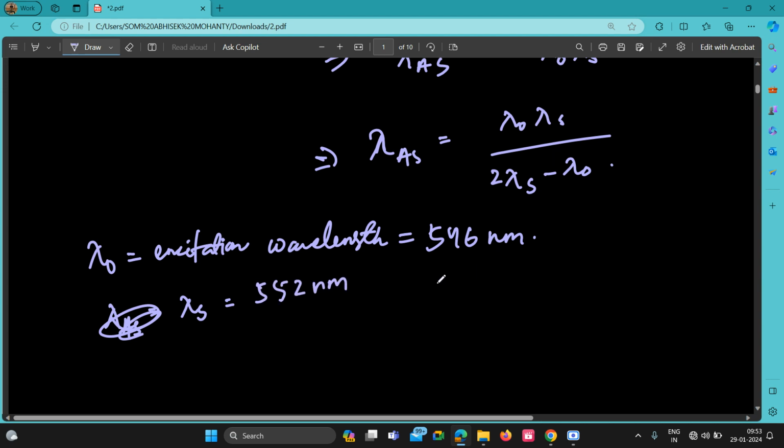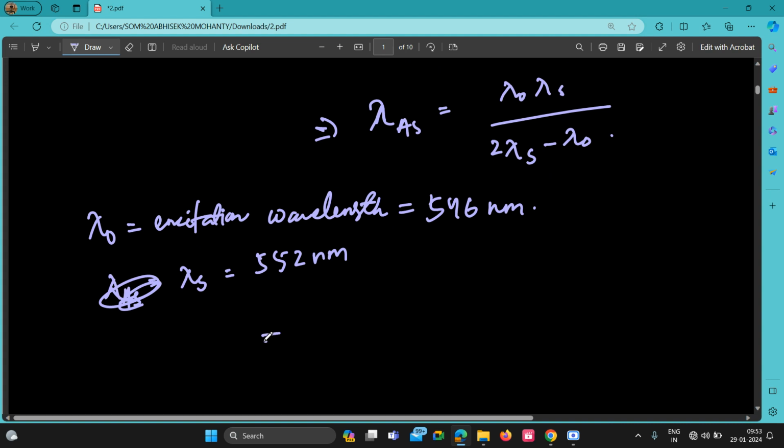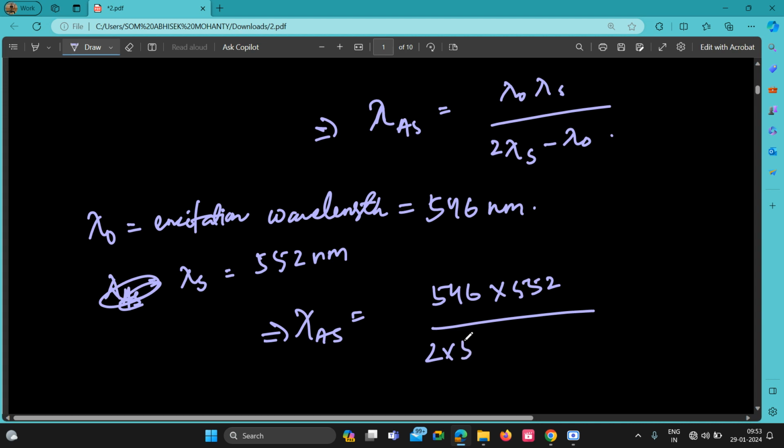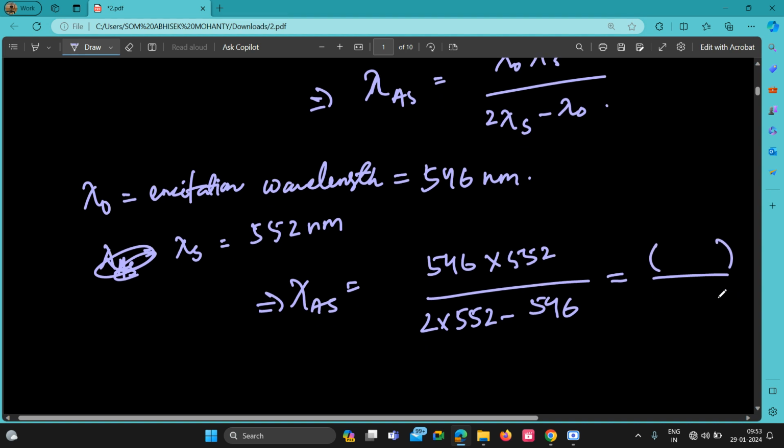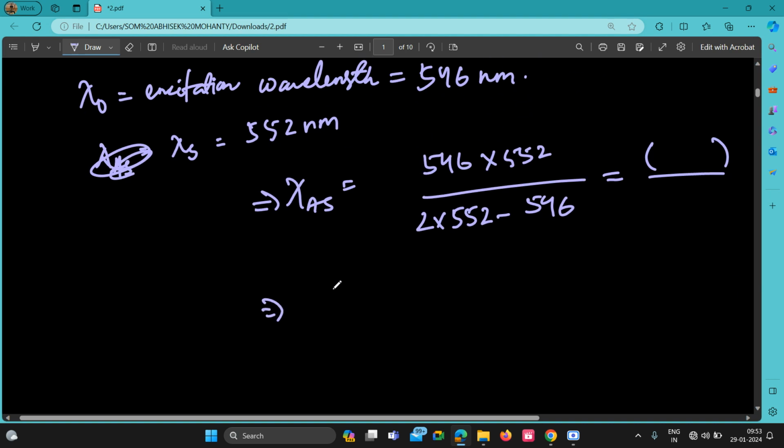So lambda anti-Stokes is equal to 546 into 552, all divided by 2 into 552 minus 546. Whatever you get, if we take the reciprocal, that will be our wave number of anti-Stokes.